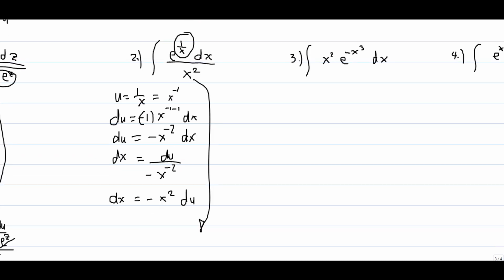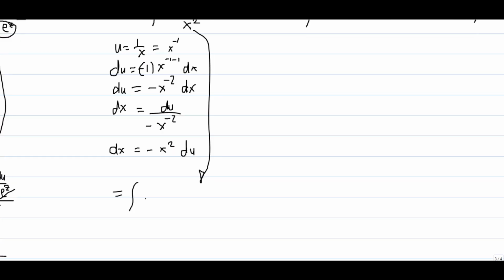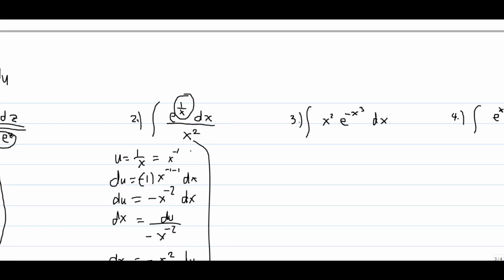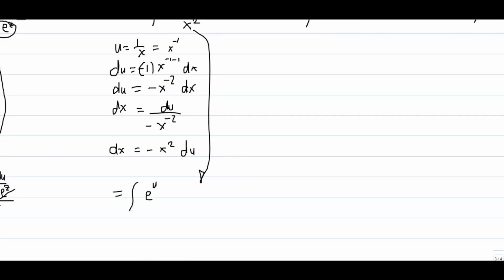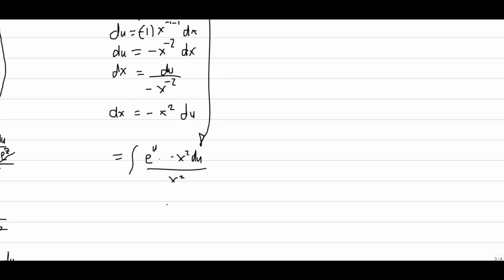So the integral of e to the power u. So I change this into u, which is 1 over x. So where dx here is negative x squared du over x squared. Okay, so we can now cancel out x squared here.